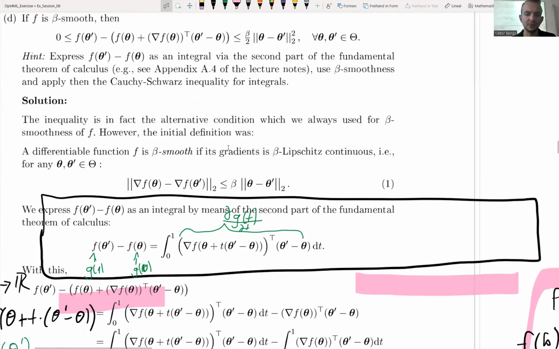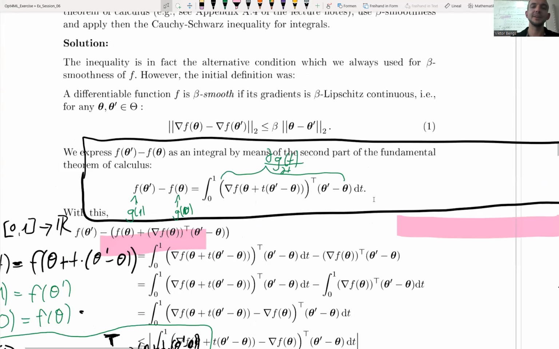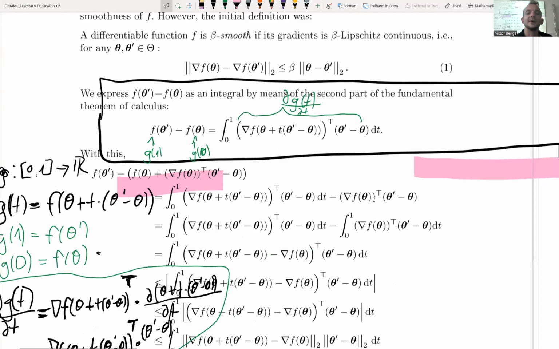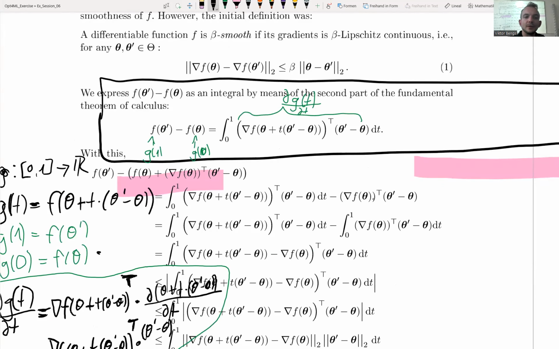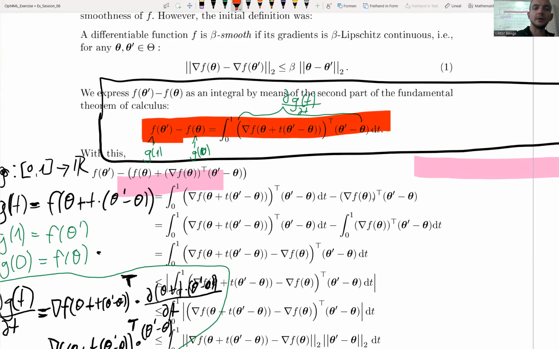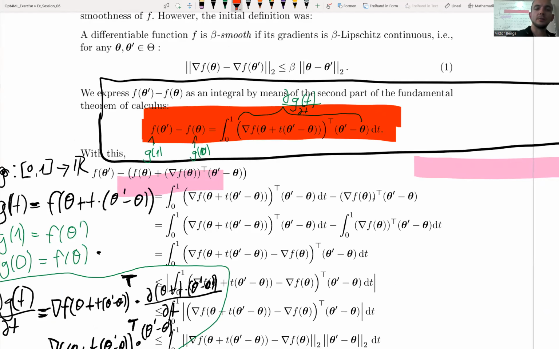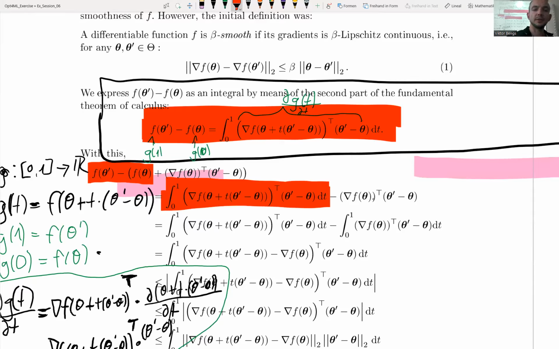I guess this was due to my copy-paste maneuver. Okay, so we have expressed this as an integral, which we can use at this point as we want. Yeah, so in red, this is our brilliant idea. So we apply it here and express the difference as this integral.